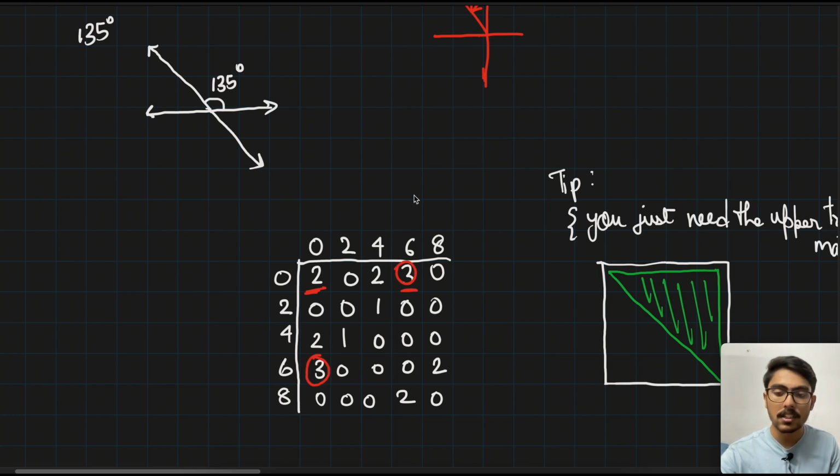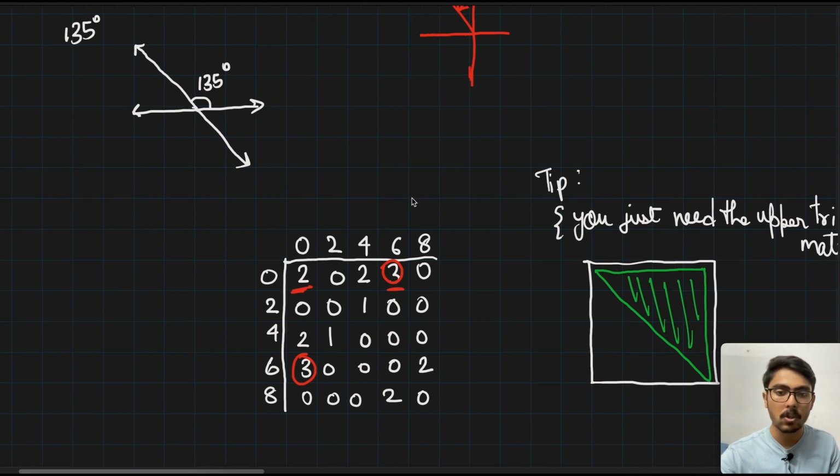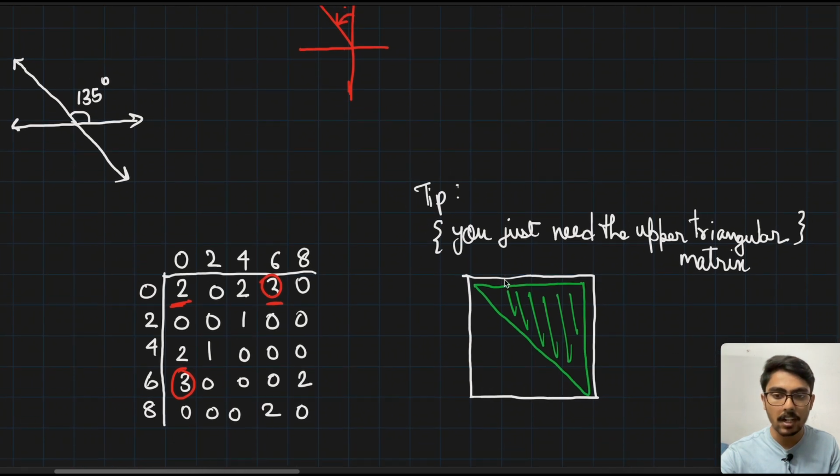So this is the symmetric property of SDM matrices that is being followed. So you just need to create the upper triangular matrix which we have studied before. When we have this upper triangular matrix already solved, we can simply reflect that about the diagonal and get the values in the lower half as well.